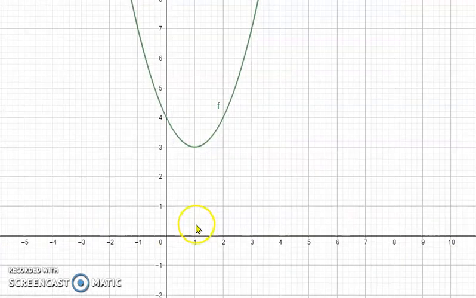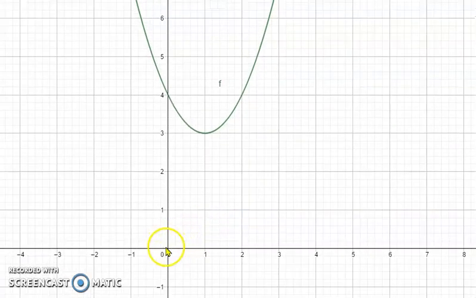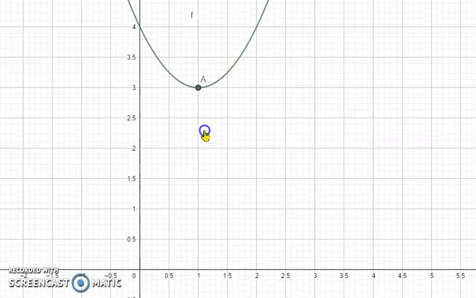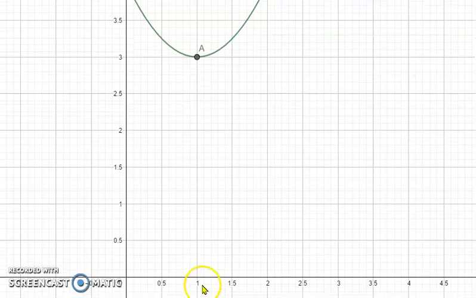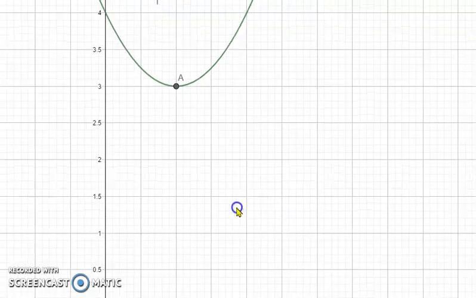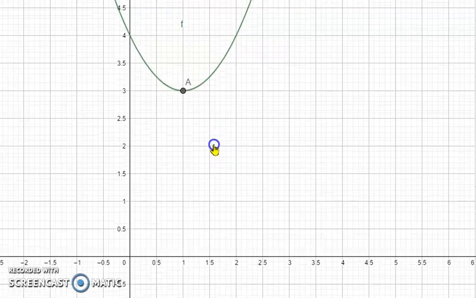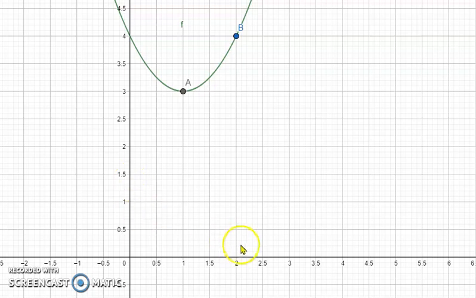On the x-axis. If we start with x is equal to 0, the value of the function is this one, 4, makikita natin doon. And at this point, that is the point 1, 3. So point A is the point 1, 3. So for input 1, may value pa rin siya, 3. Let us say for input 2, may value pa rin siya na 4.